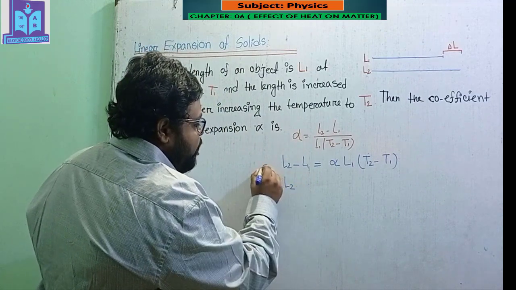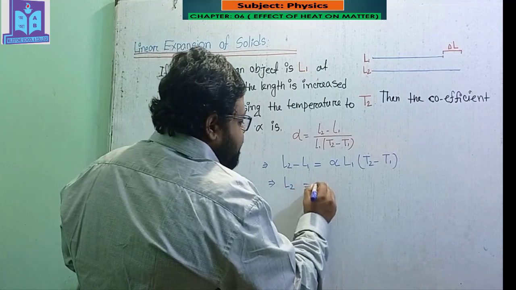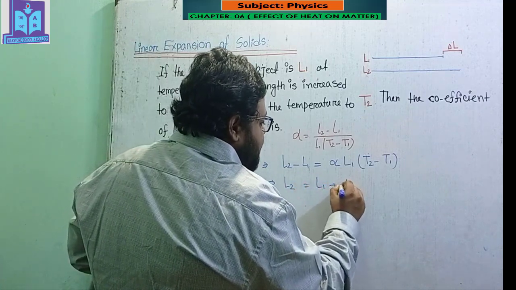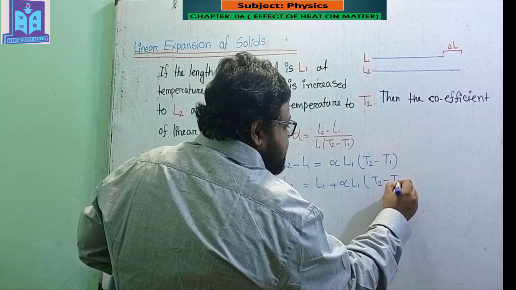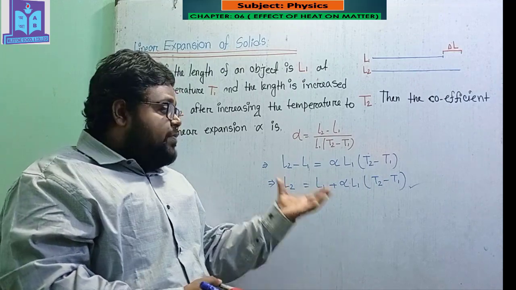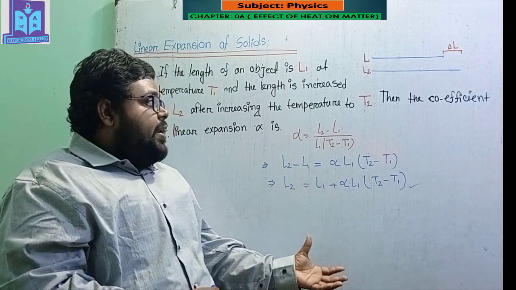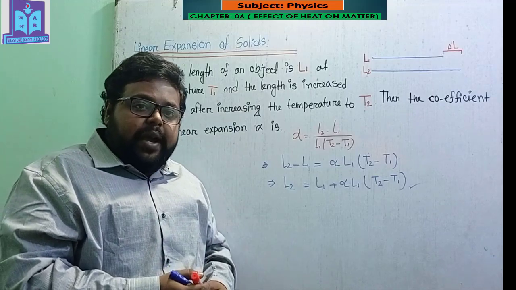And if I want to find out the final length, then L2 will be L1 plus alpha L1 into T2 minus T1. So dear student, this is the equation. By using this equation, we can find out the increased length of any object. Okay?